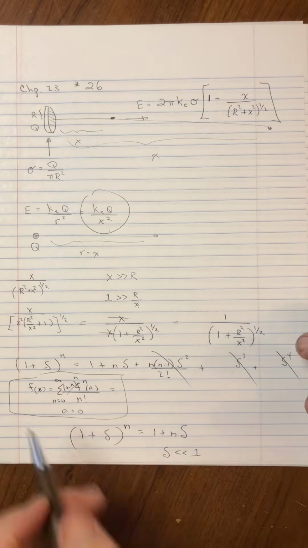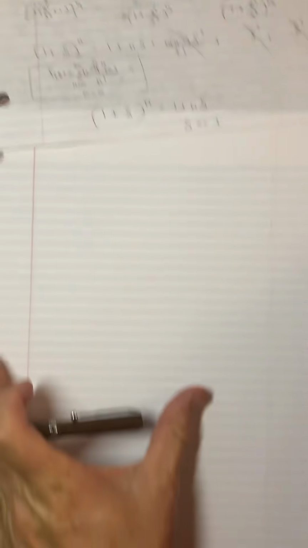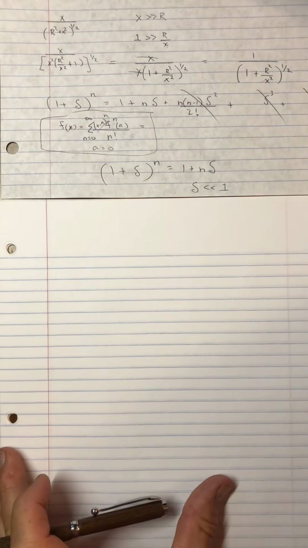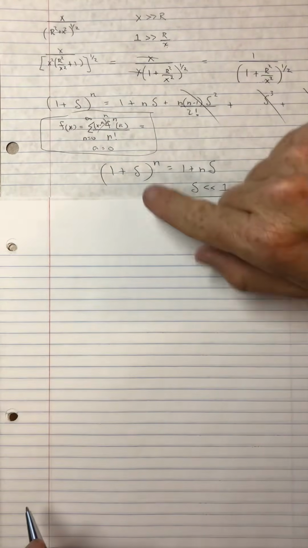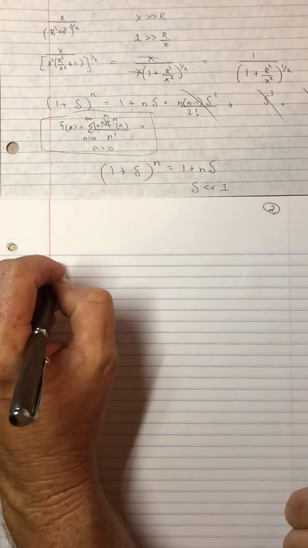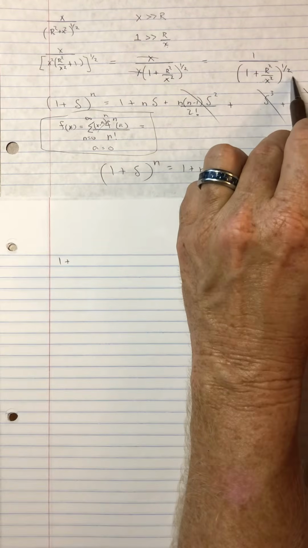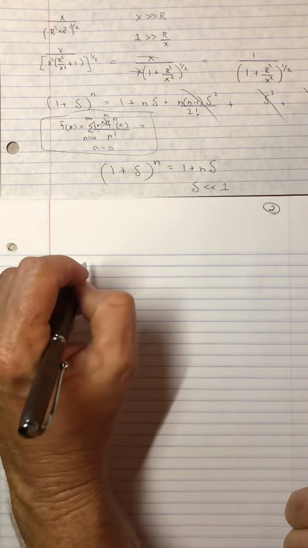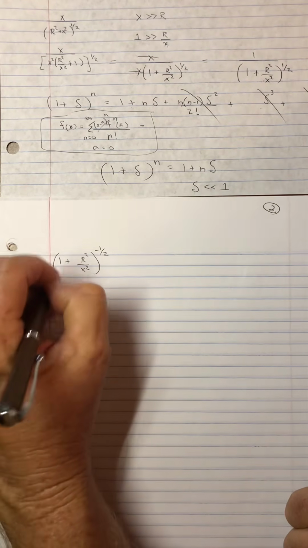Okay, so doing this little math review, let's apply it back up here. Maybe I'll put page number 1 there and shift this up and pull it down so I can see a little bit of page 1 as I go on to page 2. Coming back here and rewriting this, I'll write it in the numerator now, 1 plus, and so bring this up into the numerator, and I'll have r squared over x squared to the negative 1/2 power.